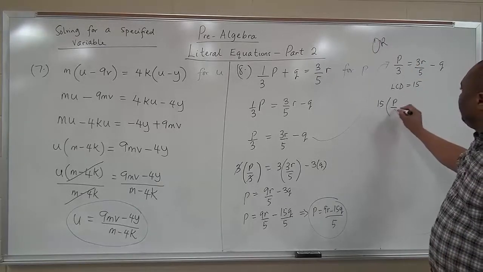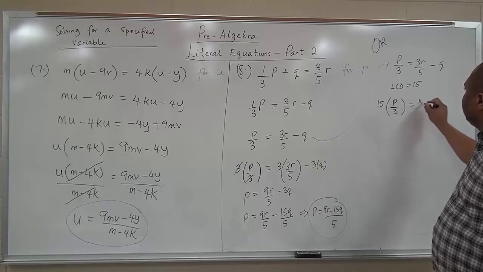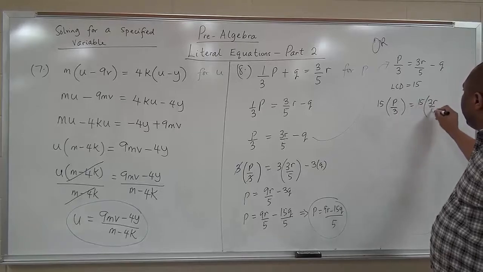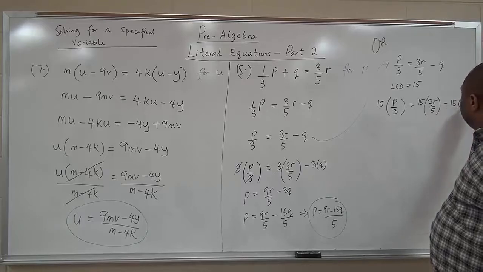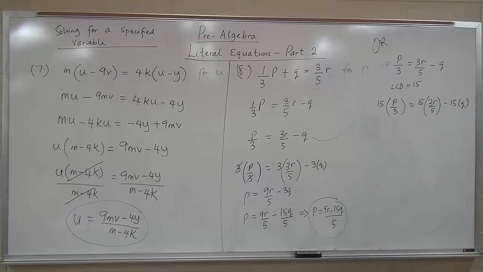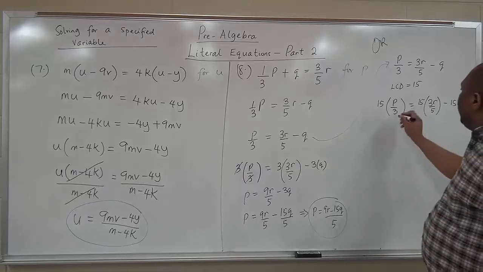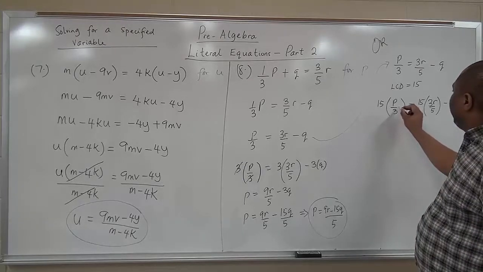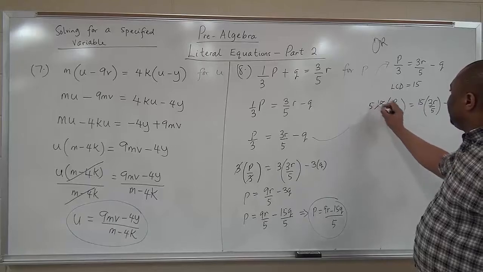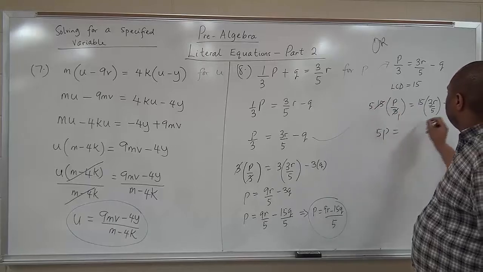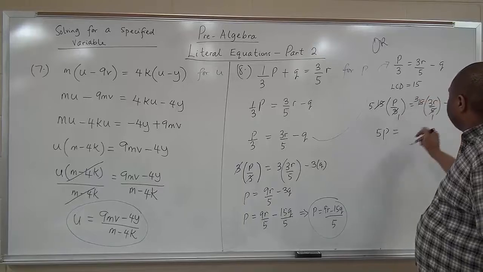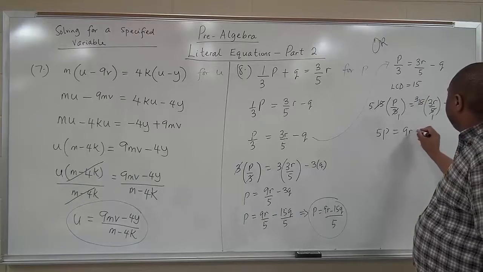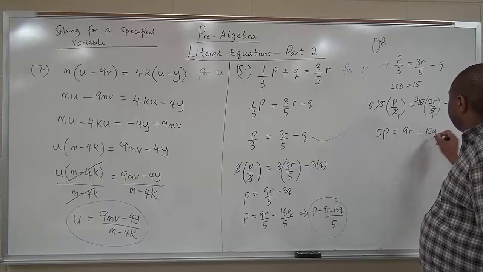So 15 times p over 3 equal to 15 times 3r over 5 minus 15 times q. 3 divided by 3 is 1, and 15 divided by 3 is 5. You have 5p equal to 5 divided by 5 is 1, 15 divided by 5 is 3, 3 times 3 is 9r minus 15q.